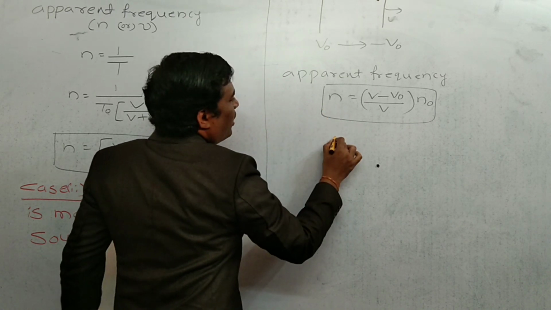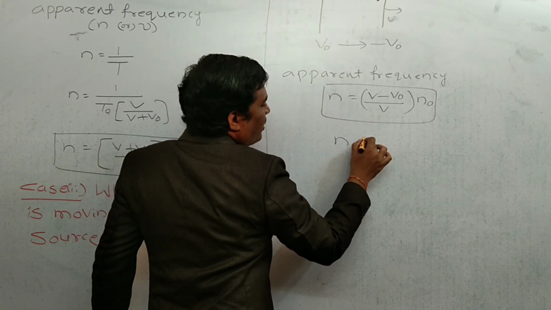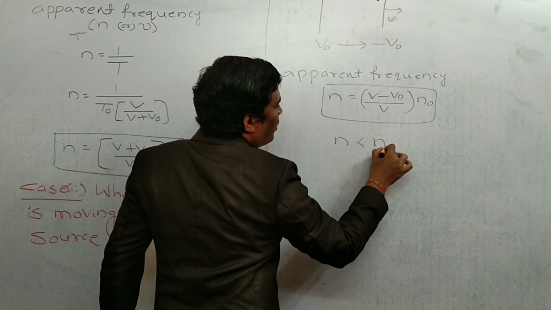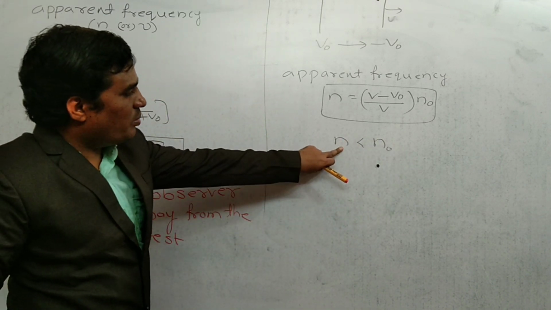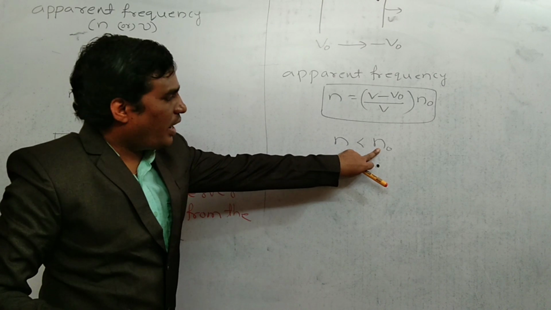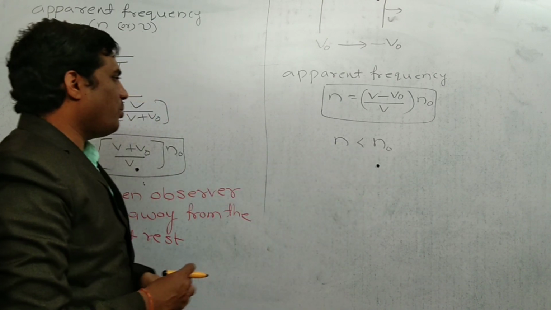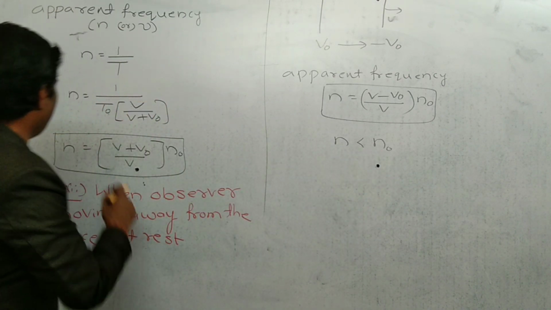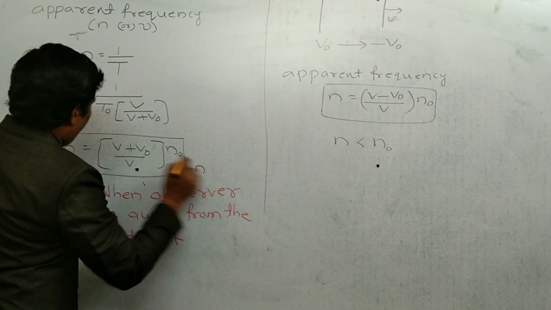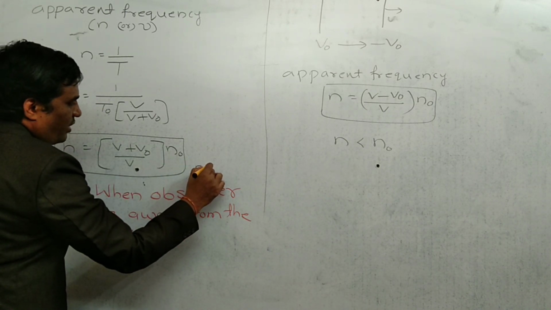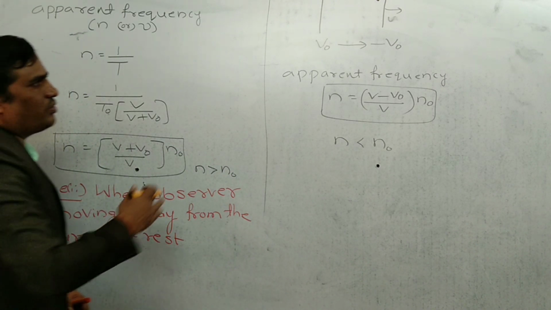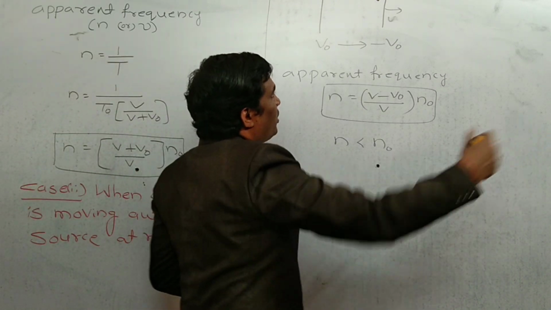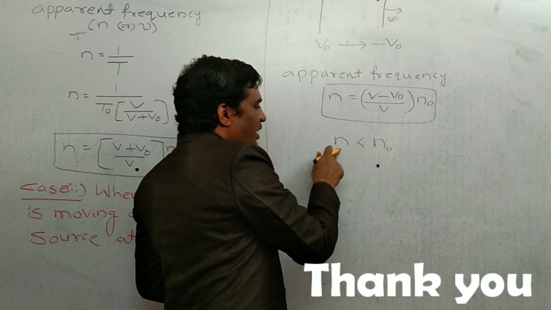Now in this case the apparent frequency heard by the observer is less than the actual frequency produced by the source. If the observer is moving away from the source, the apparent frequency decreases.